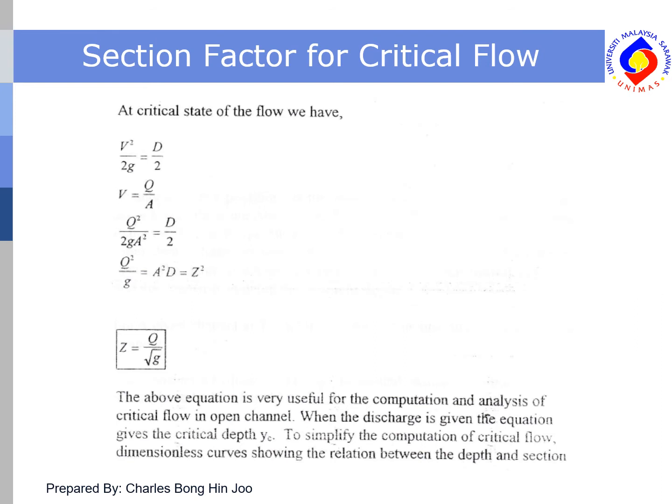So once you manage to find this Z, you divide it by the width of the channel to the power of 2.5, you will get the value in the horizontal axis. Then, like I mentioned just now, you can pull the vertical line to touch the appropriate curve according to the shape of your channel, and you read the y-axis. Whatever value you get from the y-axis, you multiply by the width of the channel, then you will get the critical flow depth.